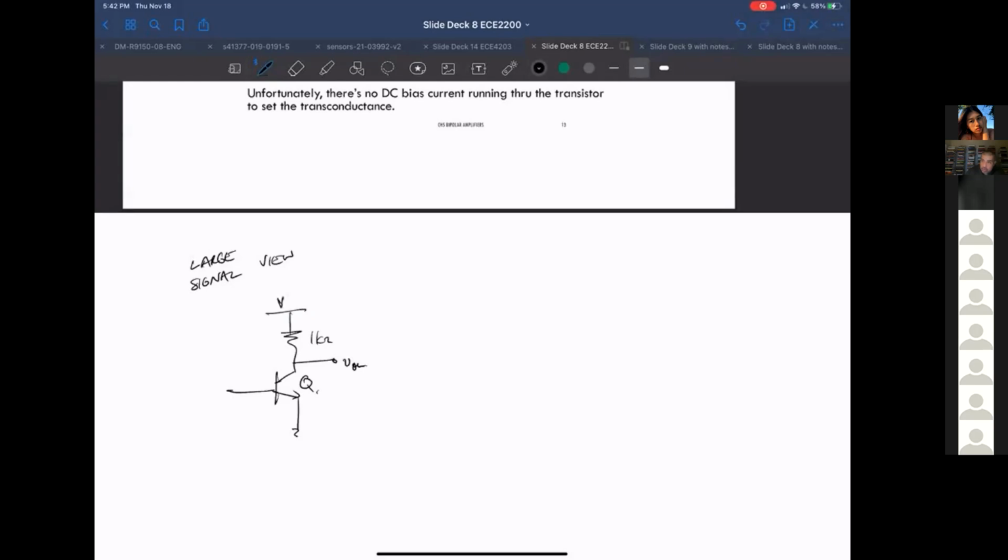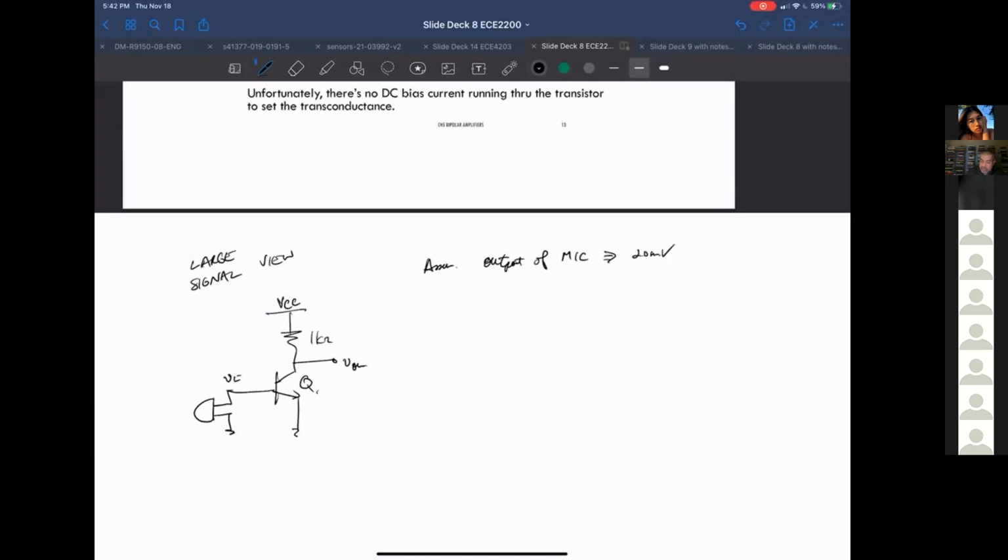We have this VCC, and we've got our microphone going in there. So let's, for the sake of discussion, assume that the output of the mic is around 20 millivolts.